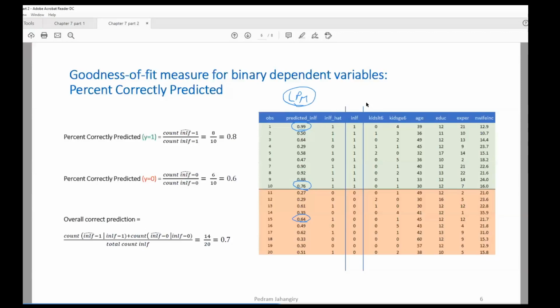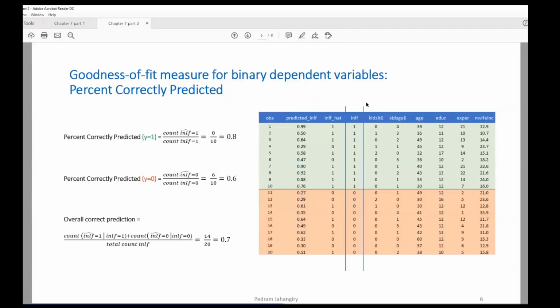And observation 12 says only a 29% probability. But if you want to compare apples to apples, y versus y hat, it's not fair to compare zeros and ones with these numbers.